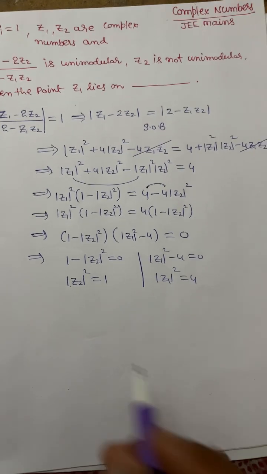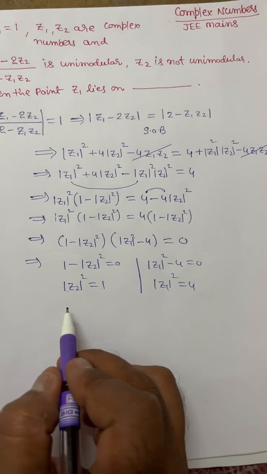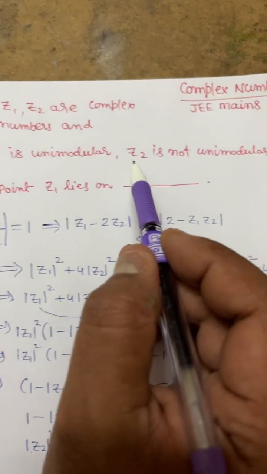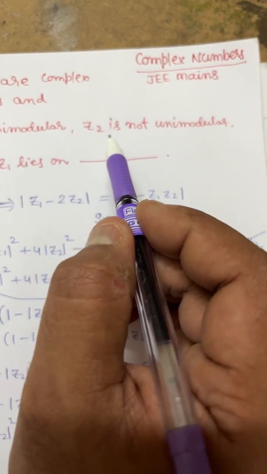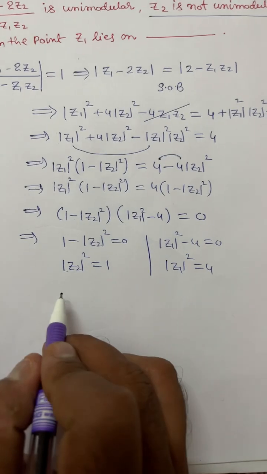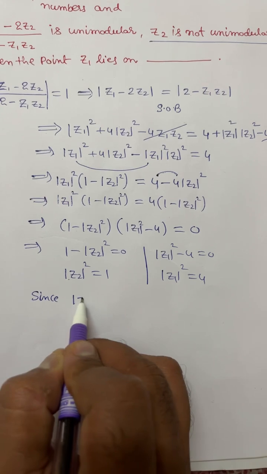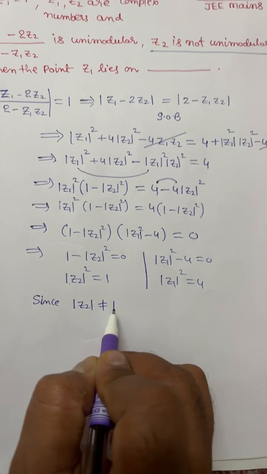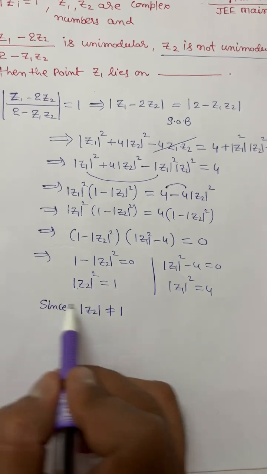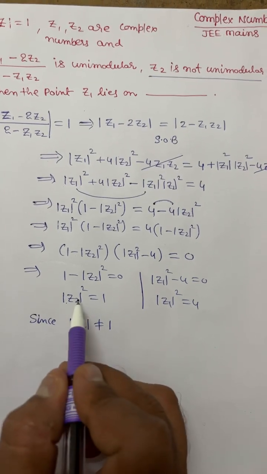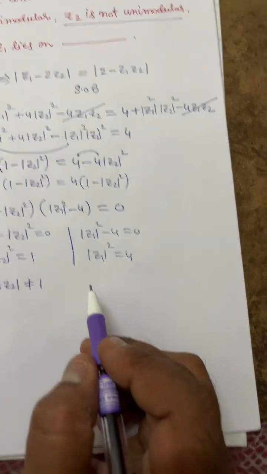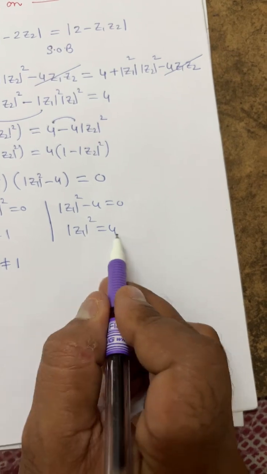But given, z2 is not unimodular. So that means since mod z2 is not equal to 1, this option is not going to hold. So obviously what comes here? Mod z1 square equal to 4.